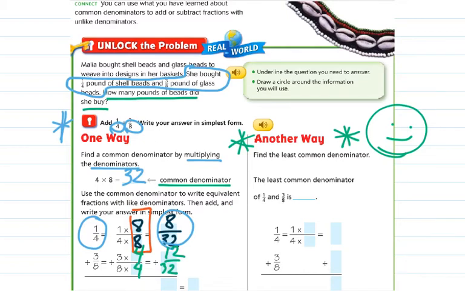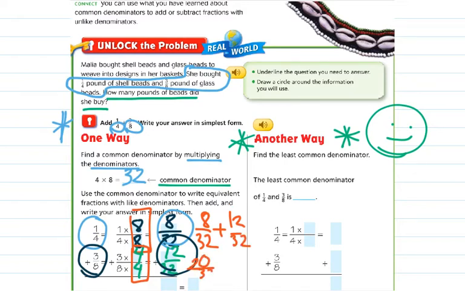So now, keep in mind, 12 over 32 is equivalent to 3/8, because when you multiply by 4/4, you're really just multiplying by the fraction form of 1. So now we can add our fractions together. 8 over 32 plus 12 over 32 would give us 20 over 32.